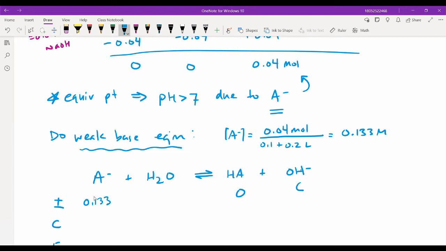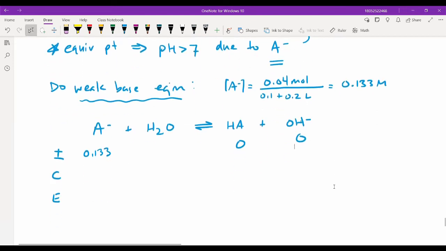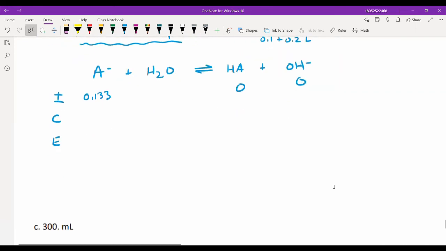These would be 0, and as we remember from our stoichiometry part, what we're assuming is that this is going to react the other way a little bit, and again x should be small, so we can do our small x approximation.